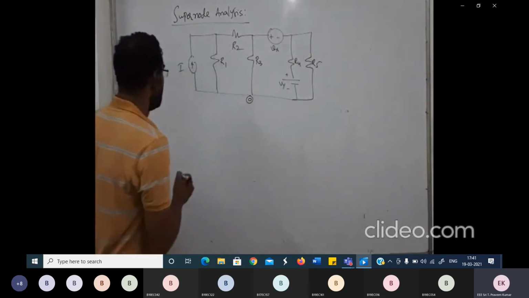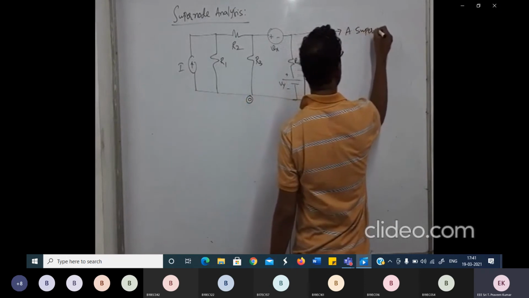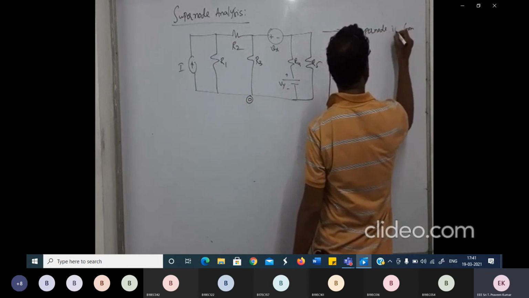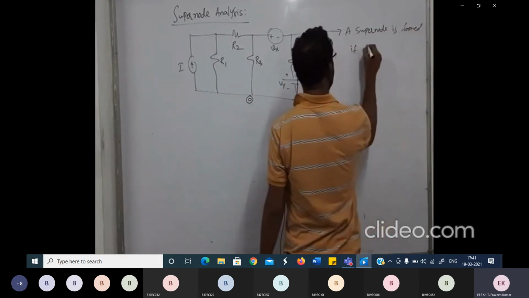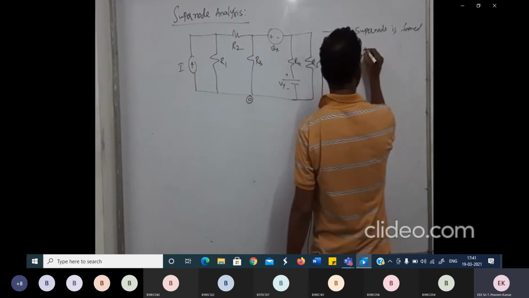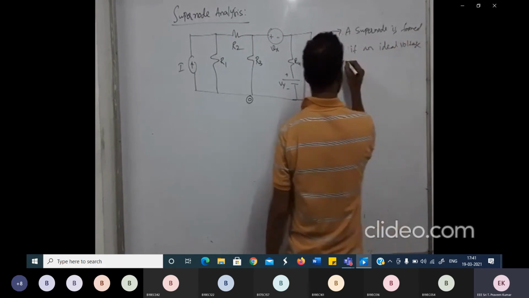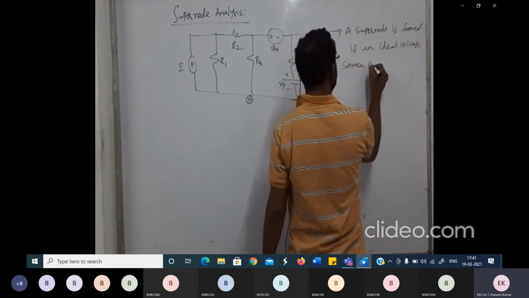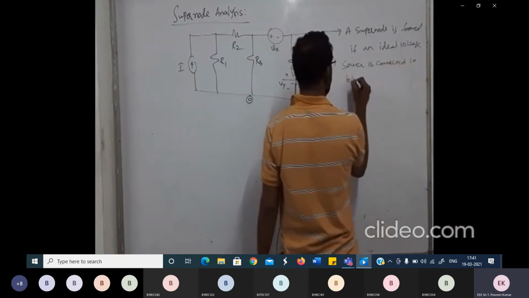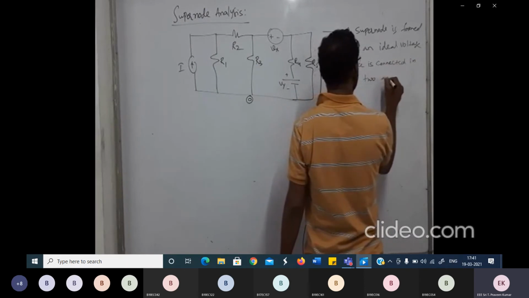First thing we need to know is when a super node is formed. A super node is formed if an ideal voltage source is connected in between two adjacent nodes.